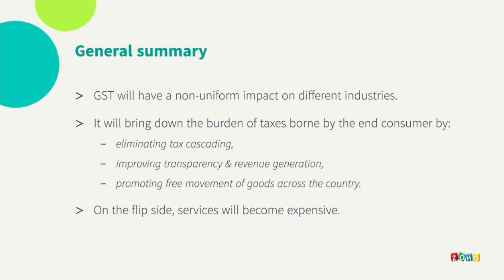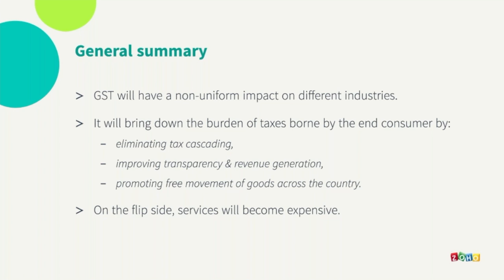It will improve transparency and revenue generation. Speaking of transparency, when you register for GST and buy from registered GST vendors, it is easier for you to claim input tax credit whenever you make a sale. But if you are buying from vendors who are not registered for GST, then you may be missing out on this option.